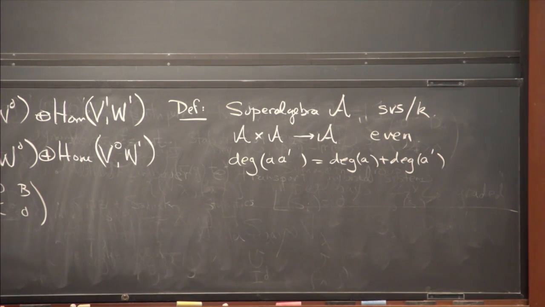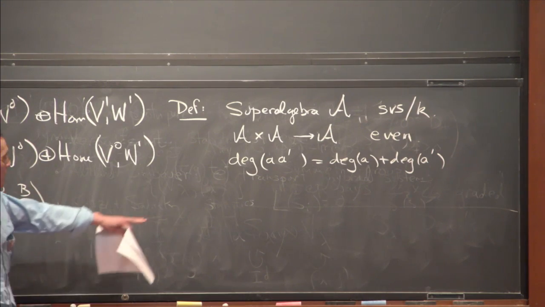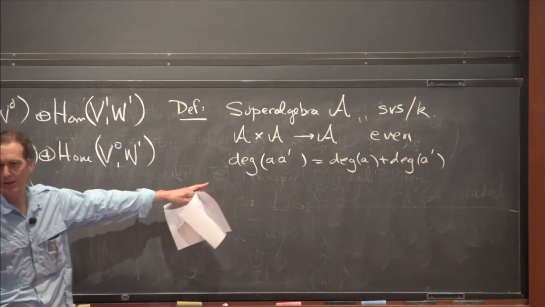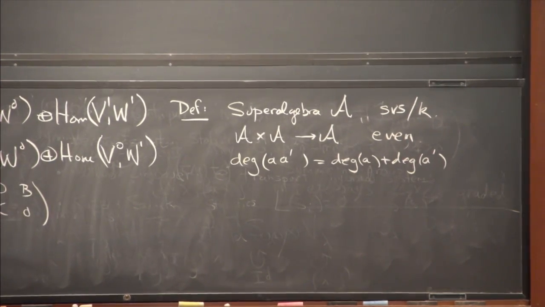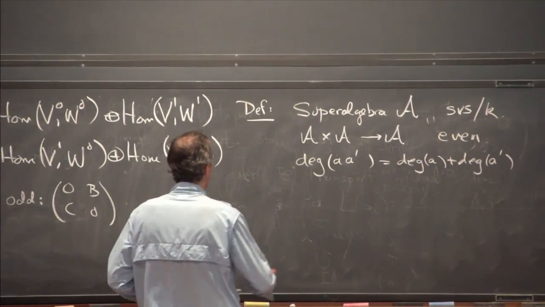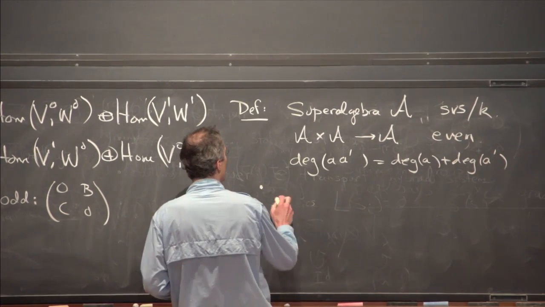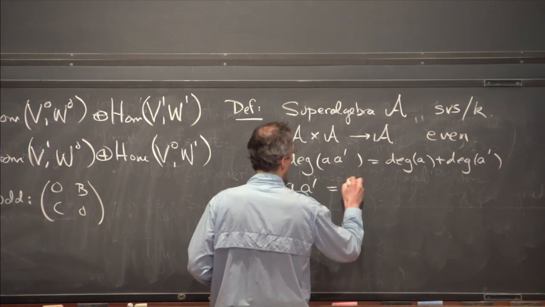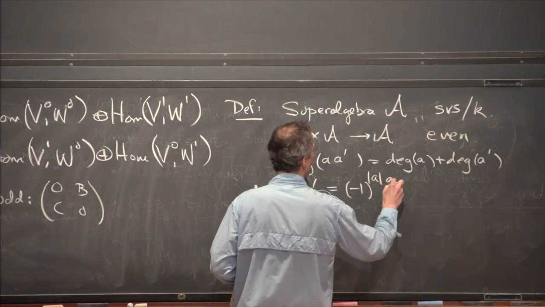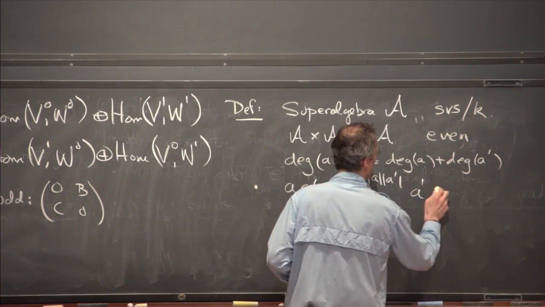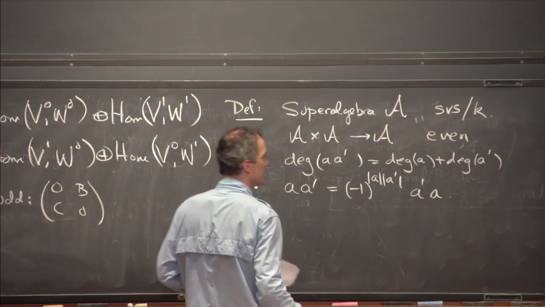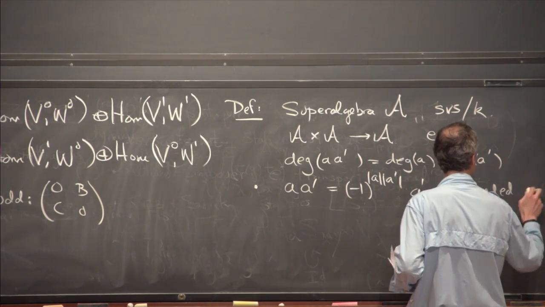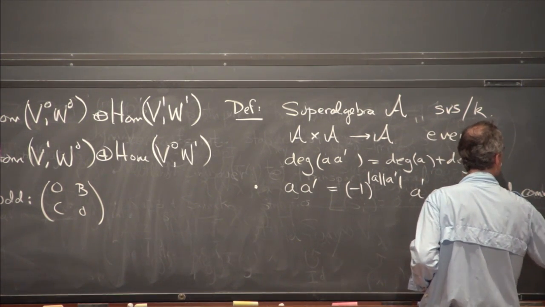And here I introduce an important convention. Whenever I write a formula with degree in it, it is understood that the vectors in question are homogeneous, so the formula makes sense. Now, along those lines, two elements are said to graded commute if A prime A is minus 1 to the A, A prime times A prime A, and that minus sign is significant.